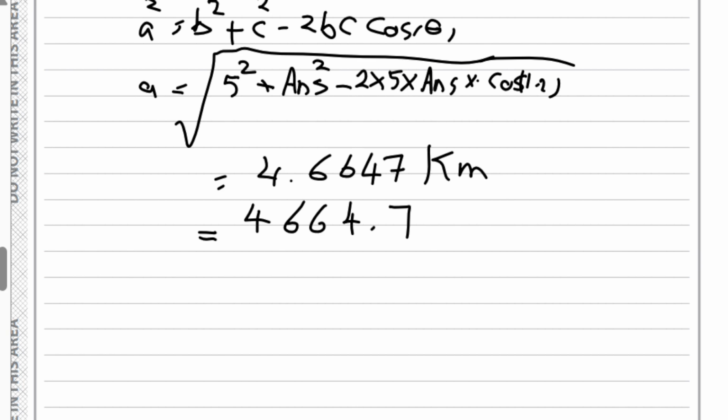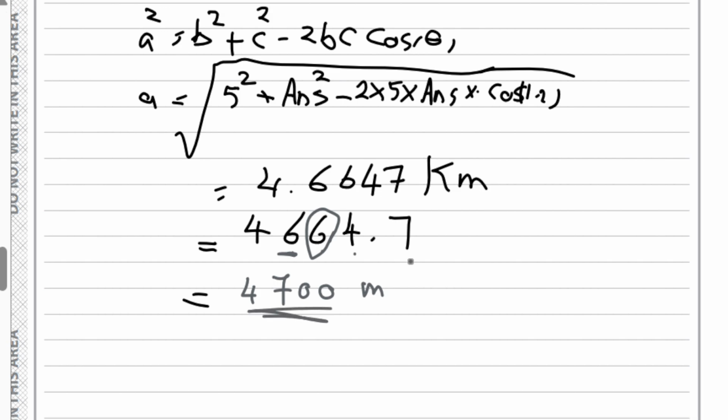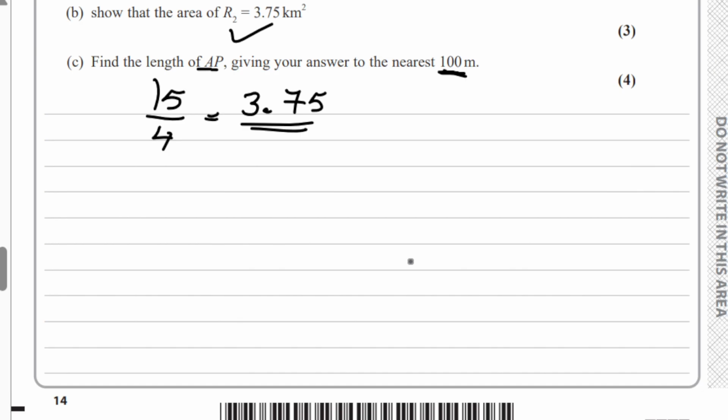They want this to the nearest 100, that means we round to the nearest hundreds. Ones, tens, hundreds. If we round here, the next number is more than 5. So it's going to be 4,700 meters. And that's your 9 marks for question 5.